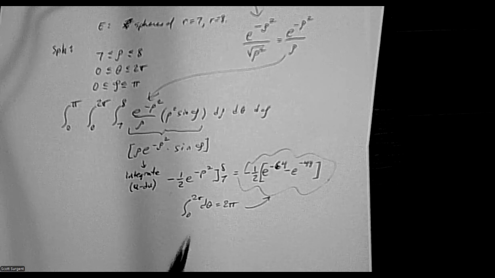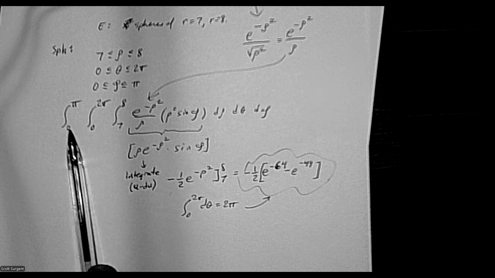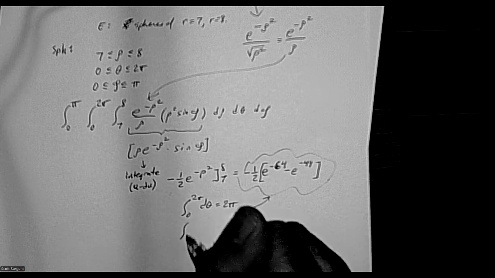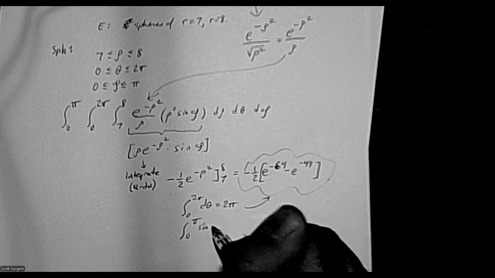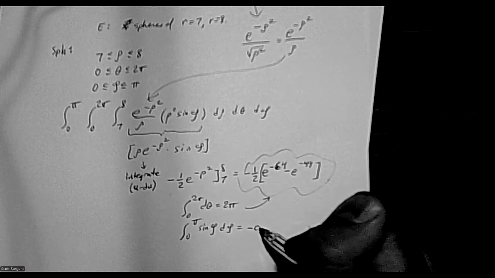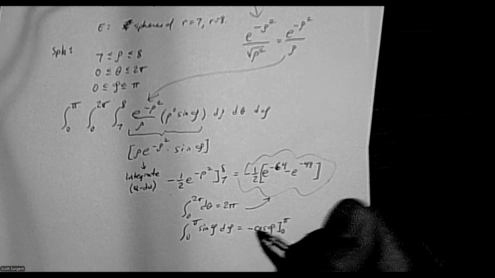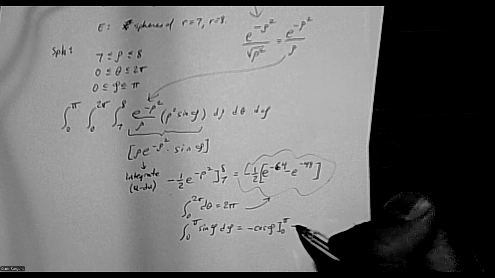And then the last thing I need to do is take care of this sine phi, and that's going to be from 0 to pi. So 0 to pi sine phi d phi, and that's going to be negative cos phi from pi to 0. Just got to watch out for your negatives here.